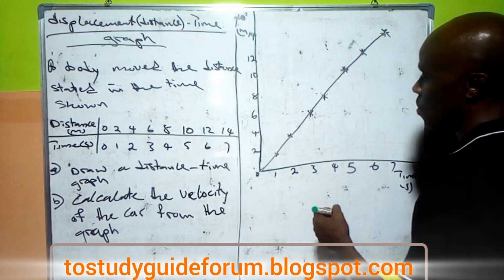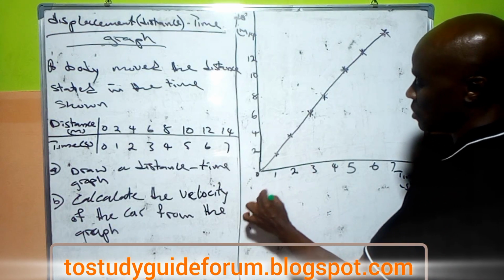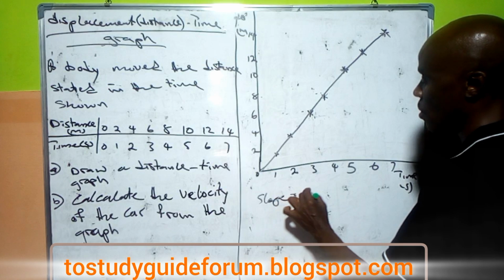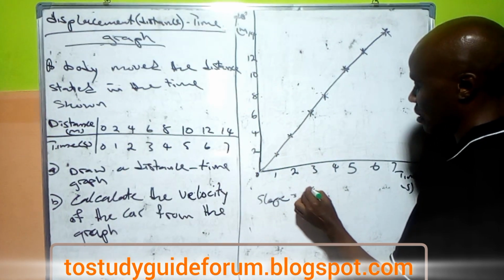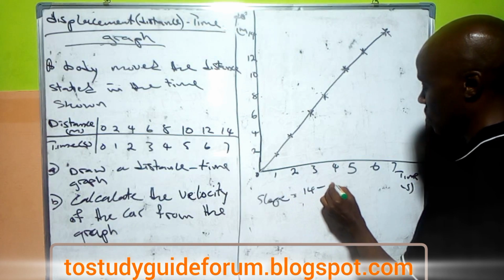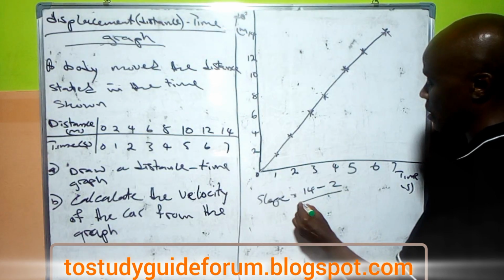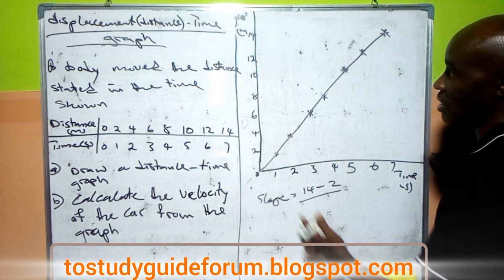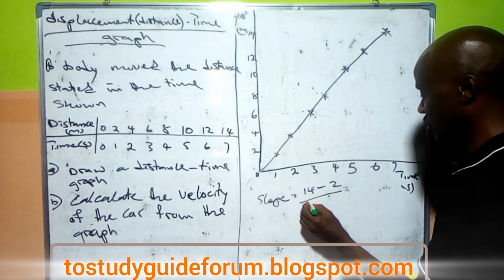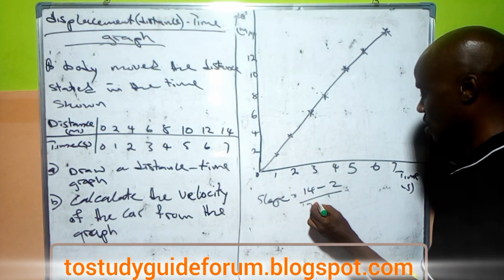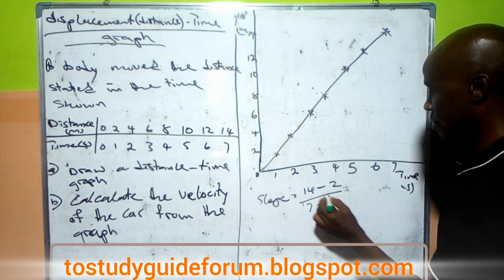Then the slope, just like calculating the slope, which means the distance, let's just take the last point, 14 minus 2, and then change in distance or displacement, and then we have over change in our time.